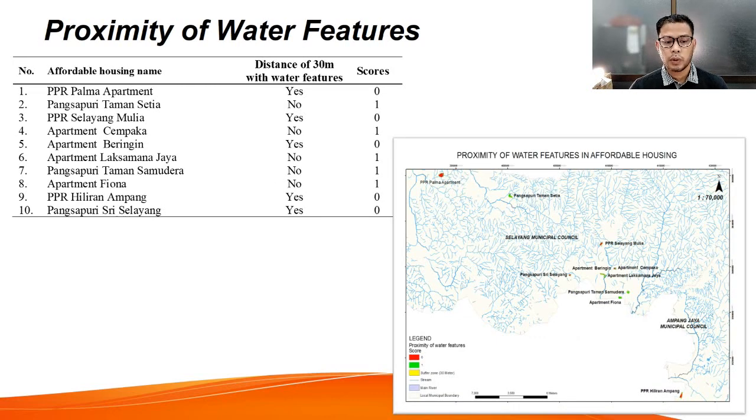For the second one, proximity of water feature, the distance of 30 meters with water feature means that they have maybe a lake or river within the 30 meter area. So only 5 affordable housing have a water feature within 30 meters.